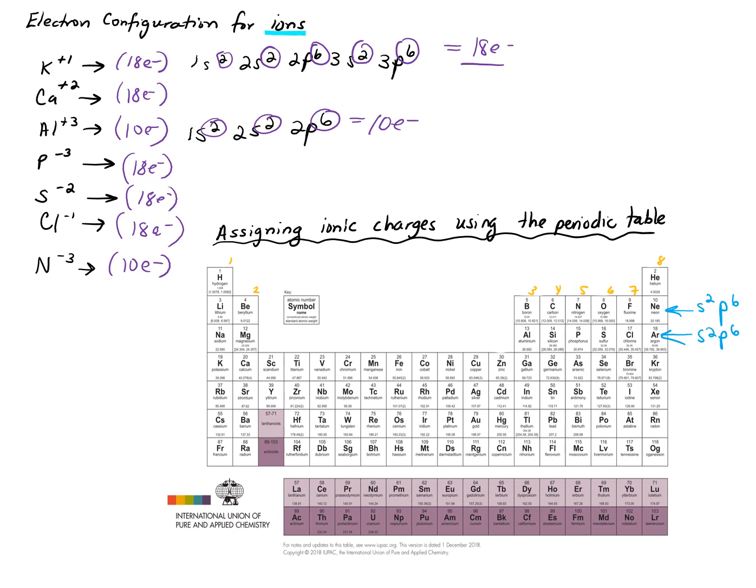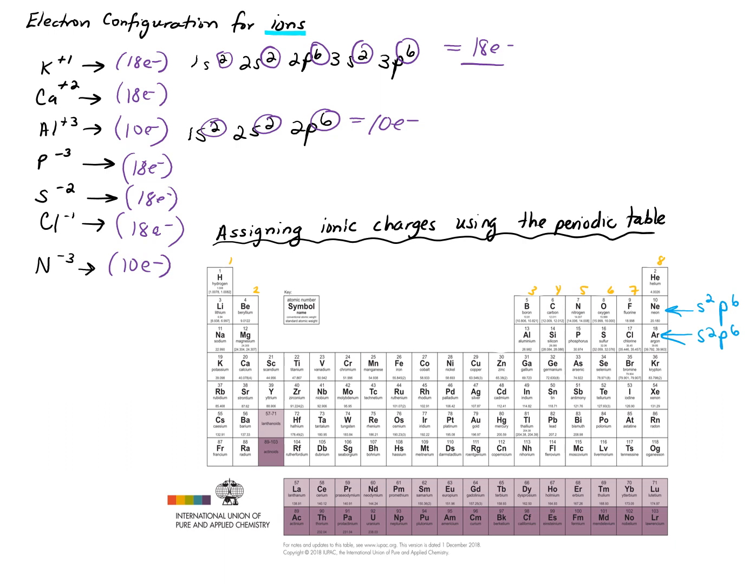But regardless of what they're doing, gaining, losing, or sharing, it's always to have the same electron configuration as a noble gas. Noble gases have 8 valence electrons, which means that they are very stable. They have the maximum number. They don't want to give any of those electrons away. They don't want to get any additional electrons.